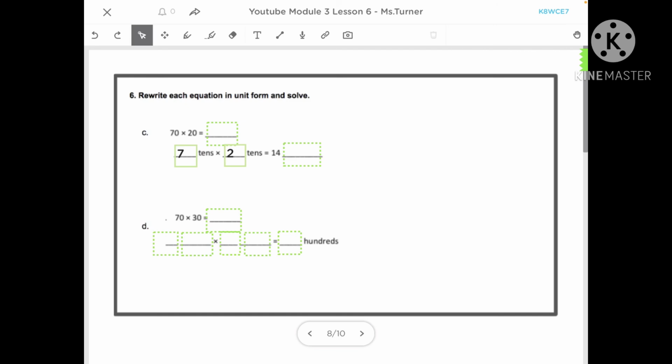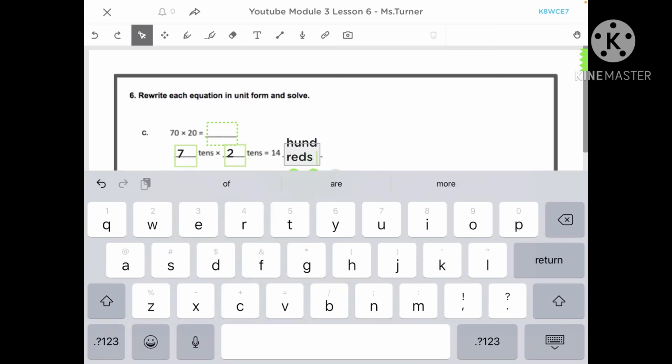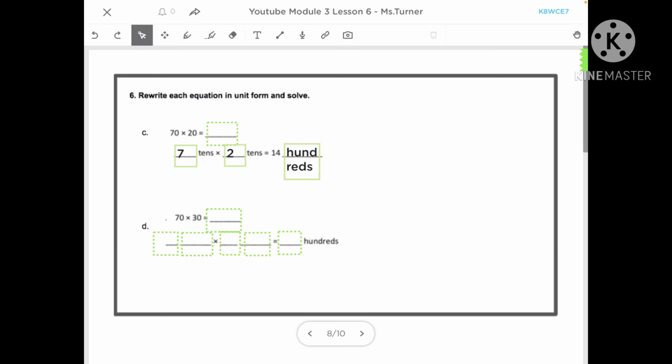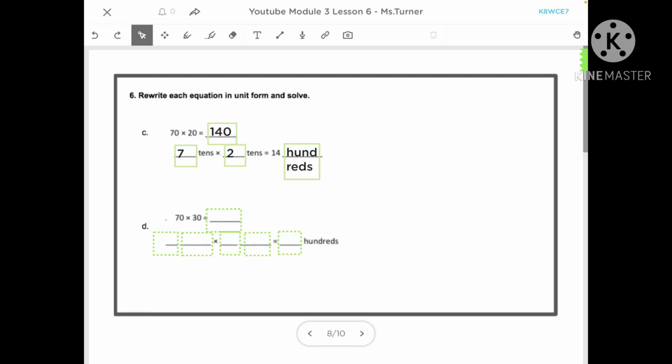That can't be right. What place value would I end in if I'm multiplying 7 tens times 2 tens? Good, yes, hundreds. So 14 hundreds, how would I write 14 hundreds in standard form? Good job, 1,400.